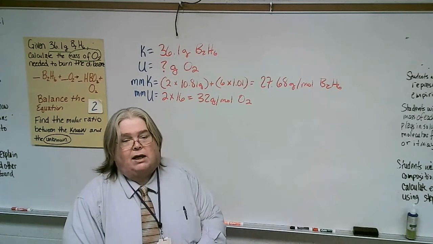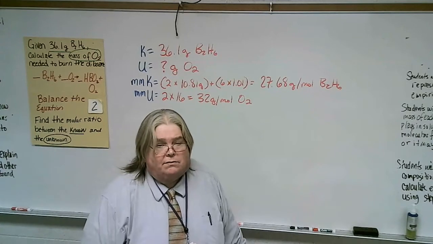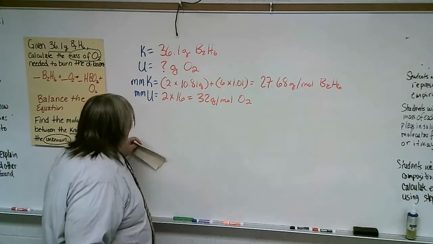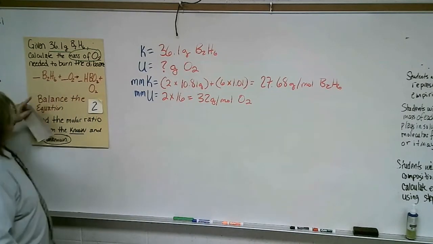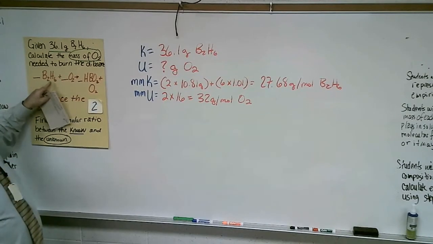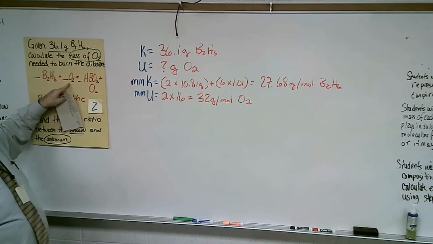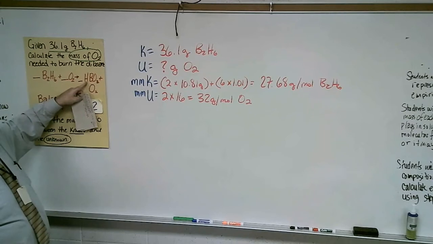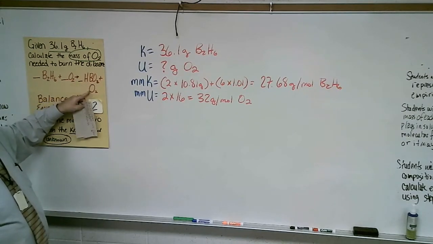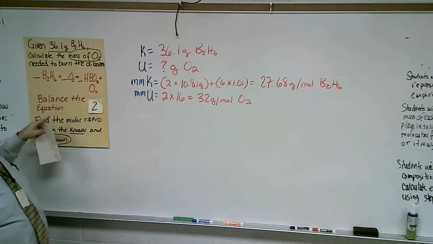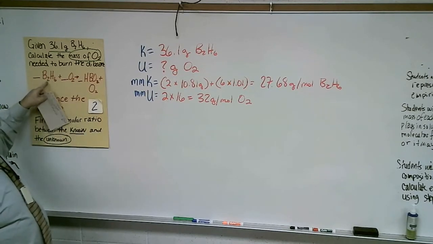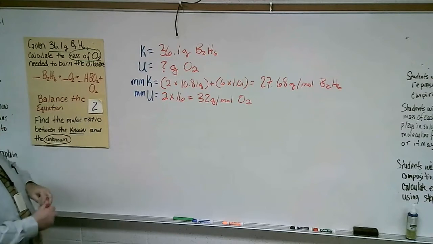Now we need to take a look at the equation. We have B2H6 in the presence of oxygen burning to become boron oxide and water. So we need to balance it because you see there's 2 here and only 1 here.